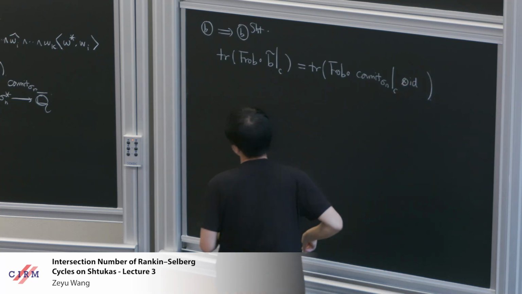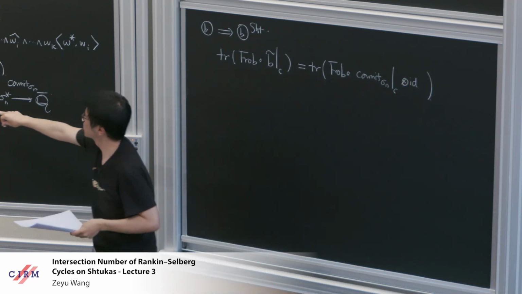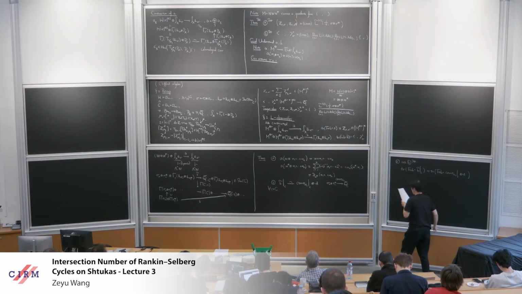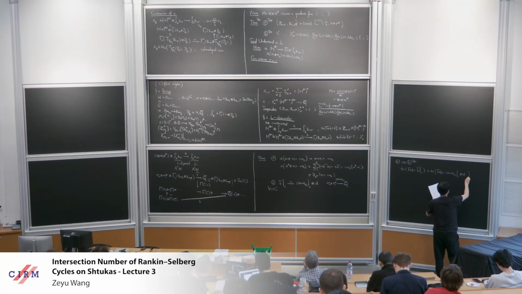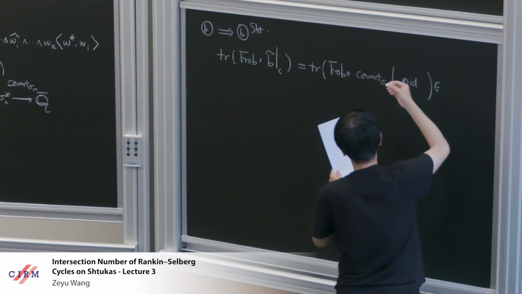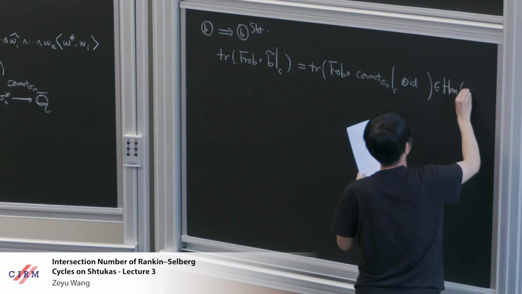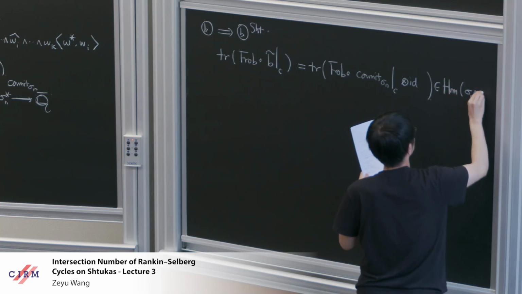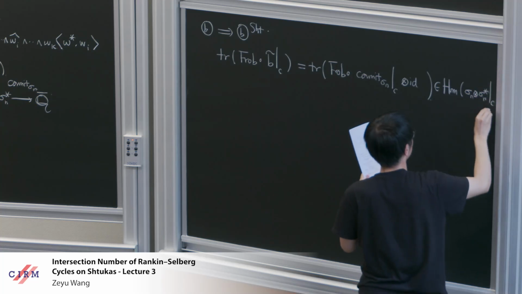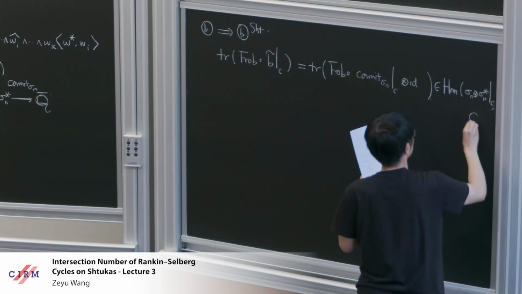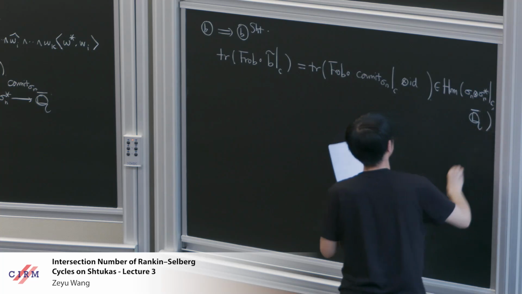Here I'm doing nothing, just taking the Frobenius trace of this. This element will be some morphism from the stalk of this local system at point C to the vector space QL bar.